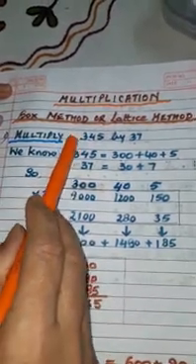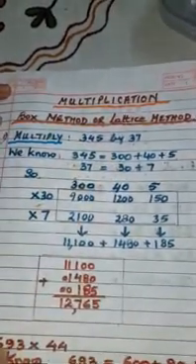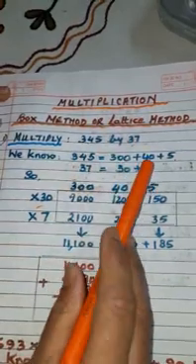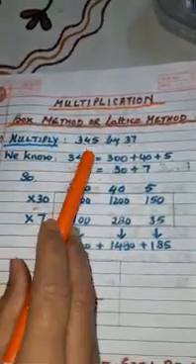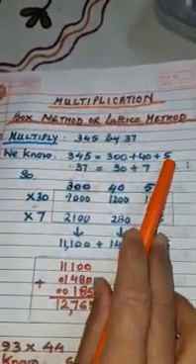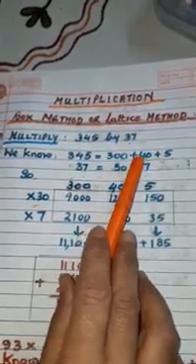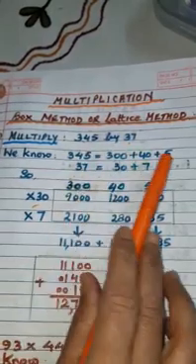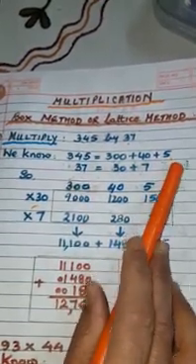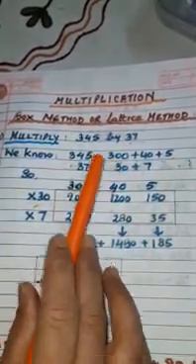So 3 into 100, that is 300. 4 into 10, that is 40. 5 into 1, that is 5. And when we write the expanded form, we write with the plus sign. So this you already done in the last class also, that is expanded form.